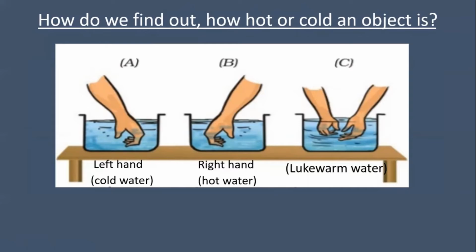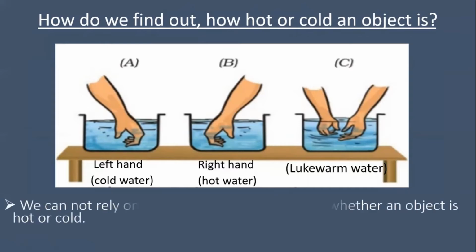If things are too hot or too cold, they can damage the skin and the body too. Thus, we cannot rely on our sense of touch to decide whether an object is hot or cold.